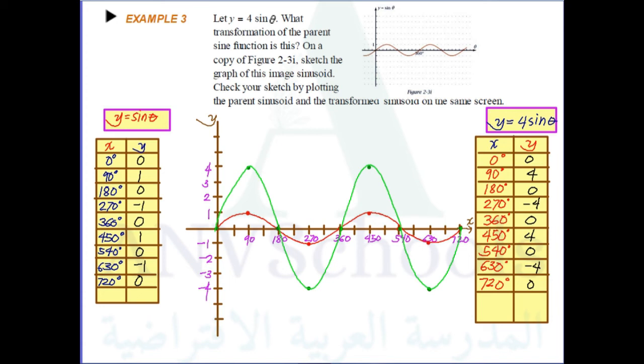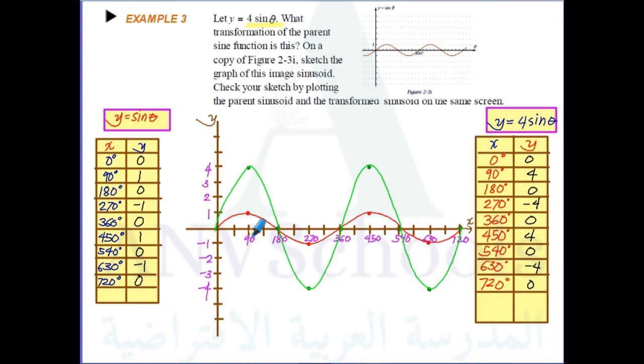Now, there is another way to plot the image function without using this table. And we could use the dilations. Remember that this function here, 4 sine theta, has a vertical dilation, or a vertical stretch of 4. So each of these points will be stretched to 4 times from the x-axis, from your balance axis.